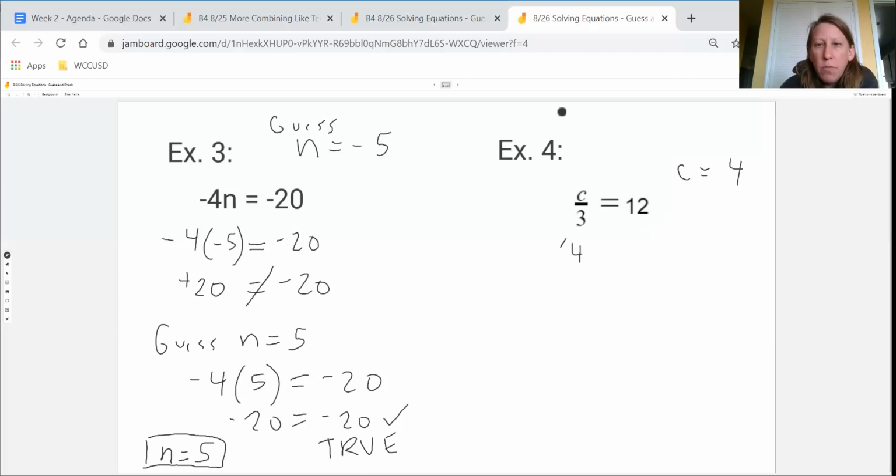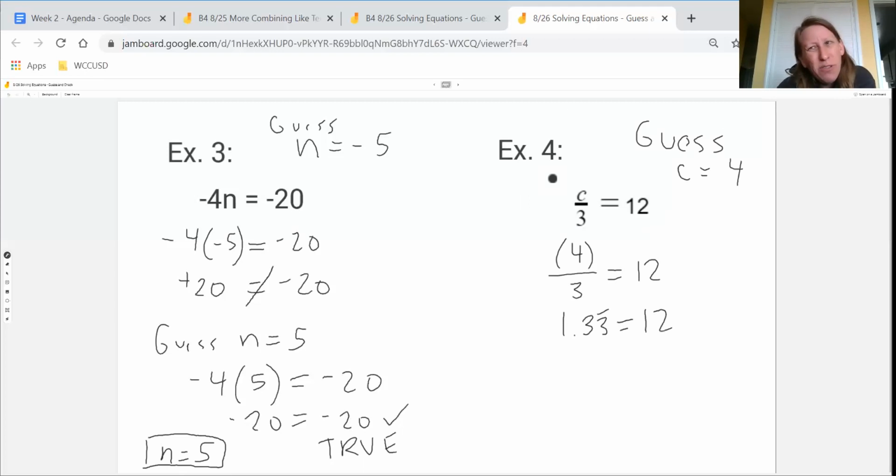However, if you take a moment and test your guess, you'll see that 4 divided by 3 is actually 1.33333333 repeating. And that's not really close to 12, and they're definitely not the same. So is that true? That's not true. So the answer is not 4.